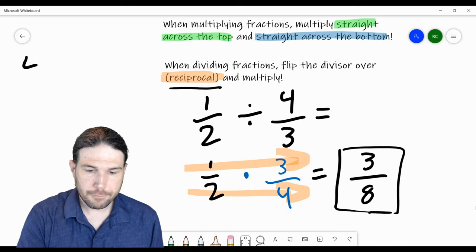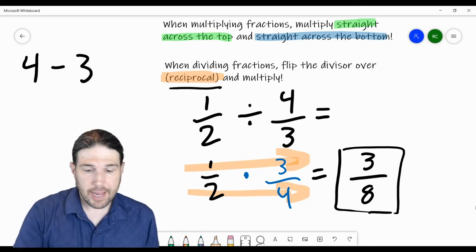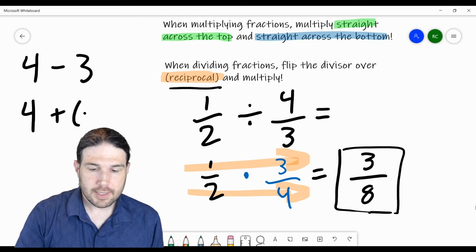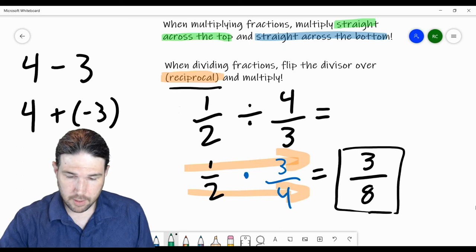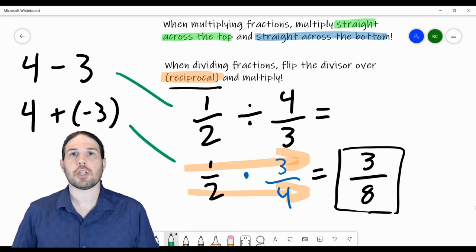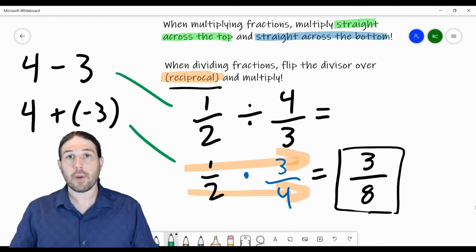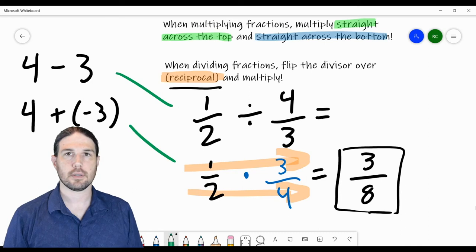If I say 4 minus 3, that's the same thing as 4 plus -3. These are the same idea, okay? And the relationships are already there. We've already talked about them, and you already know some of the implications.